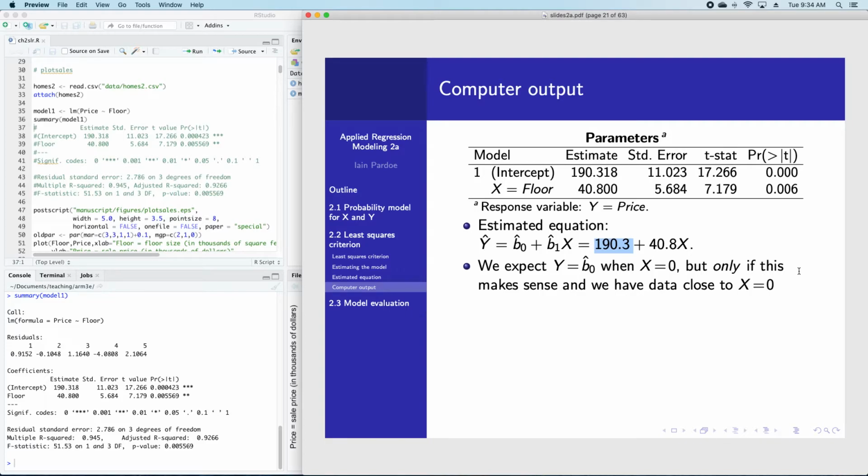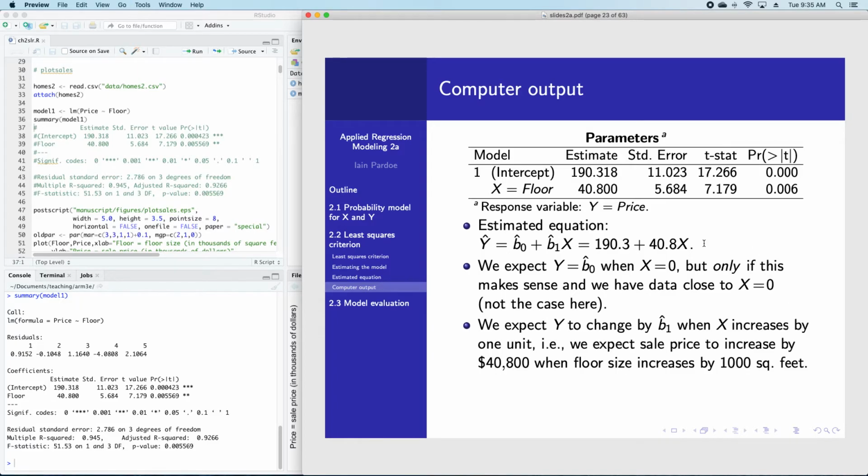So keep that in mind when you're asked to interpret the estimated y-intercept. You can only do that if it makes sense in the particular context, and if you've got some data close to x equals 0 to support that particular value and interpretation, neither of which we have in this case. The 40.8 though, this is the estimated slope, that always makes sense.